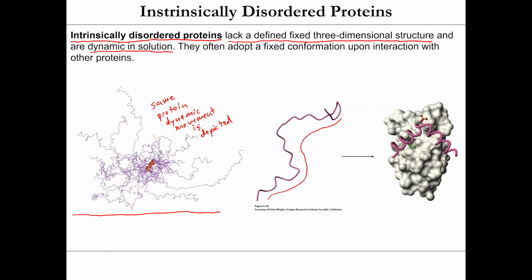For example, there would be this intrinsically disordered protein that's flopping around in your cell, but when it interacts with another protein whose function it influences, it adopts a more alpha helical conformation. So intrinsically disordered proteins are out there, they do exist, and they often have very important functions in your cell, and they lack fixed conformations, sometimes for their whole lives, but also sometimes until they interact with a different protein.